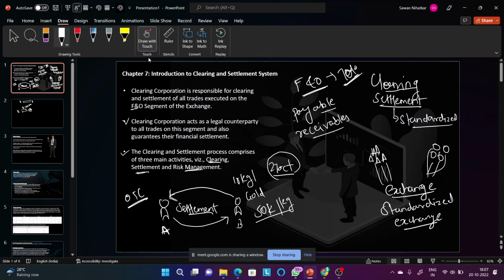So in that case it is very important to have risk management.